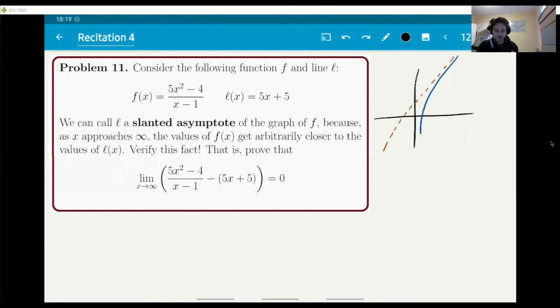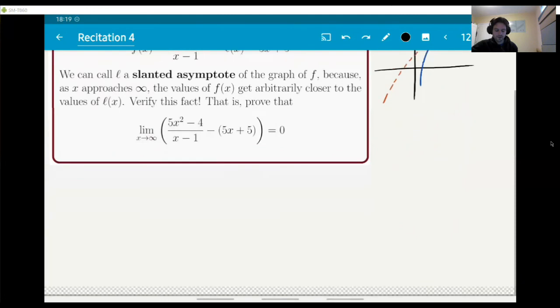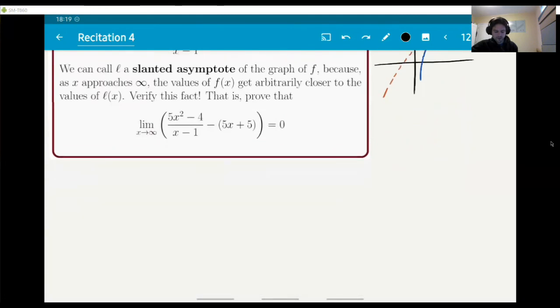But in terms of verifying, just like in this problem, they're just saying verify that it's true. Basically, it's saying compute this limit and see that it is a 0. So that's what I'm going to do, and that's very easy here. Find this limit. How do we do this? Well, the fraction here, f of x, is certainly going to infinity.